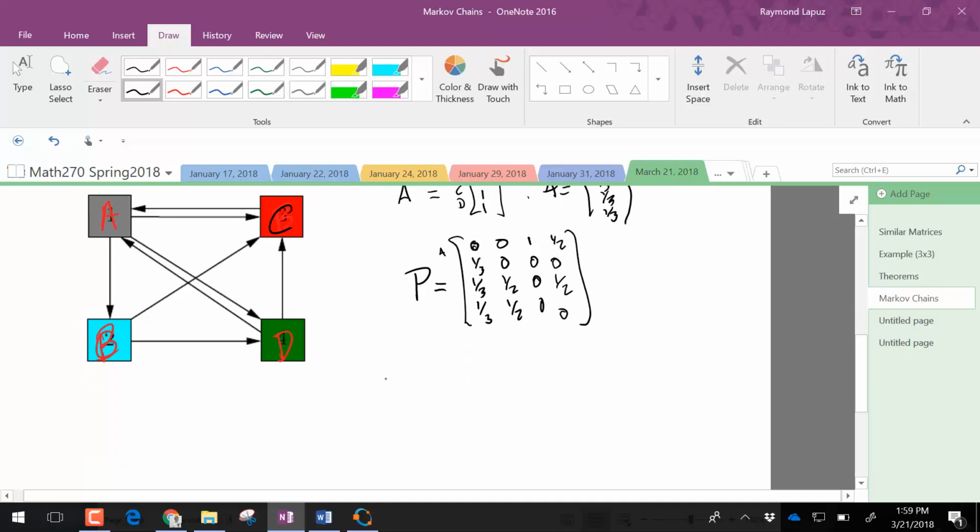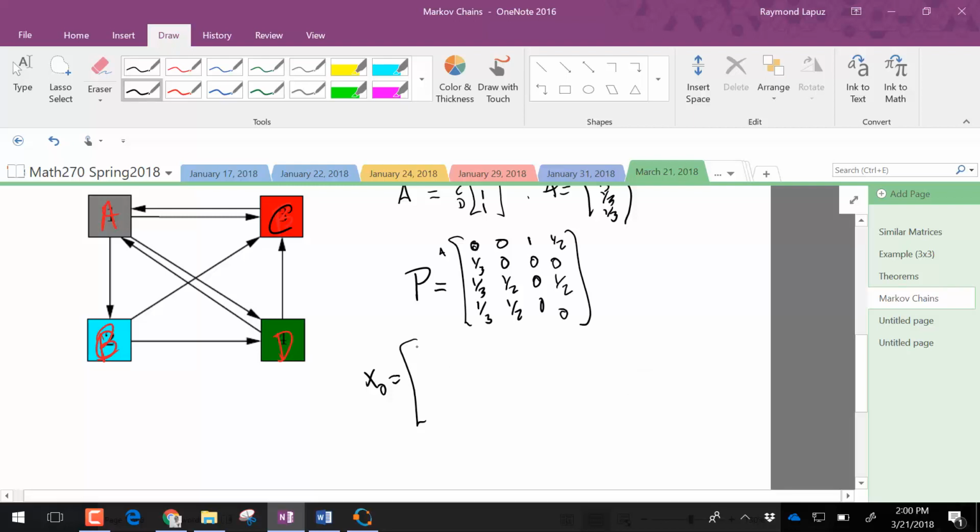Now I want to start with an initial state. I apply this initial state to the probability matrix to say: if somebody was randomly choosing a web page and then clicked on a link from wherever they are, where would they end up? What's the probability that they would end up on page A, B, C, or D?